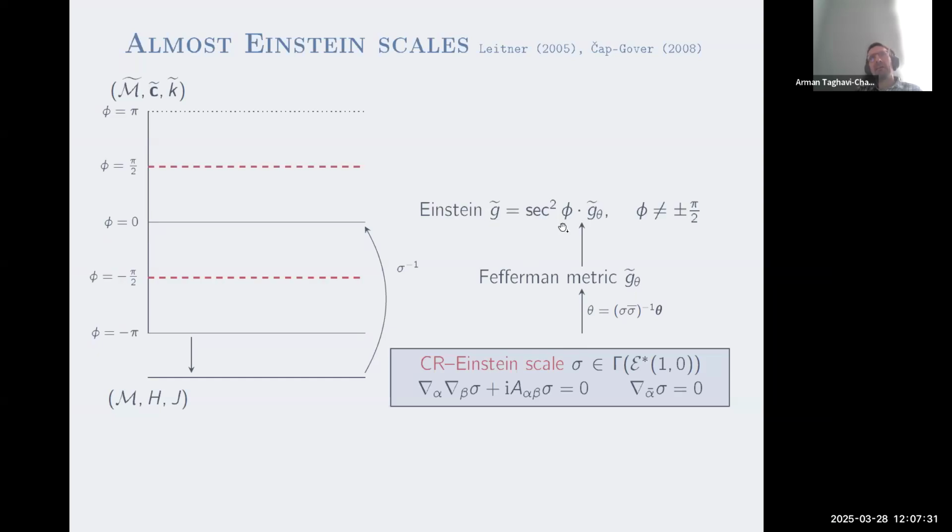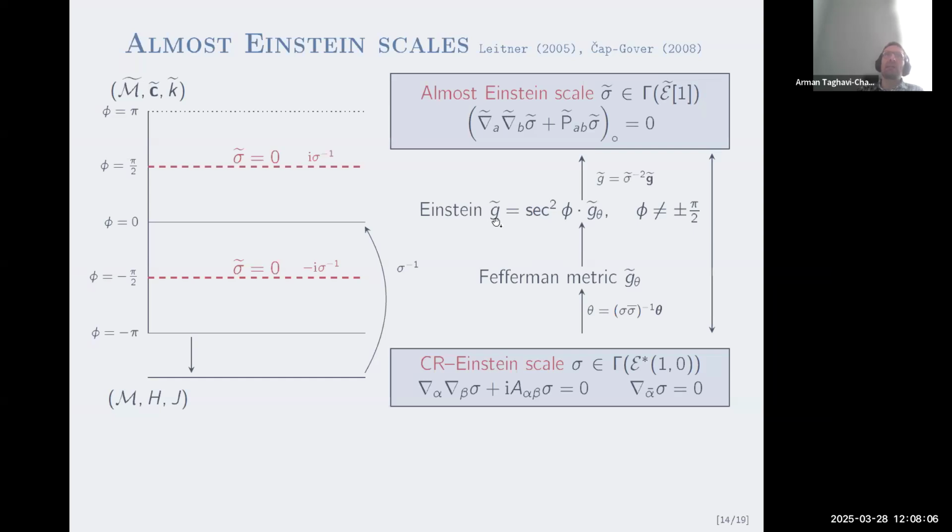And from it, I can take a particular conformal factor, which is given in this form, sec squared of phi times this Fefferman metric. And it turns out that this metric here, well, first of all, because it's 1 over cos squared phi, it's not defined for values of phi being plus and minus pi over 2. So this metric off these two sections here is Einstein. This can be shown.